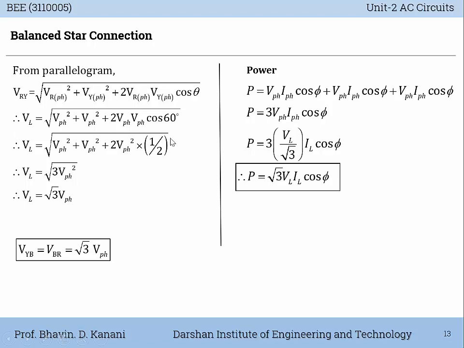So we can directly write, total power is equal to 3 times the power of any one phase. It will be derived like this: P is equal to √3 VL IL cos φ, where L represents line.